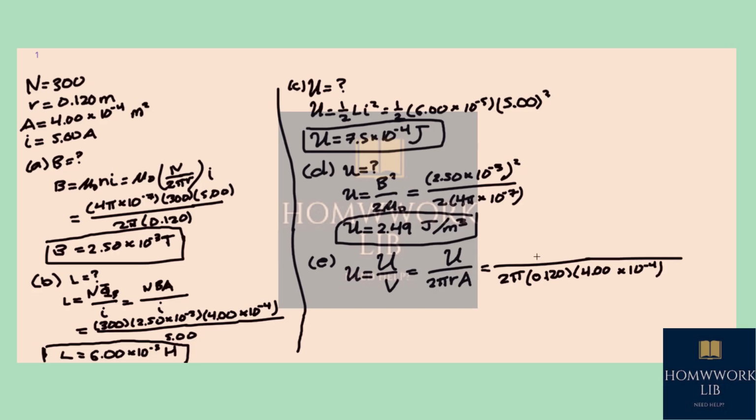And hopefully it gives us the same thing. And when you plug the numbers in, it does turn out to give you the same thing, which is good. And we're done.